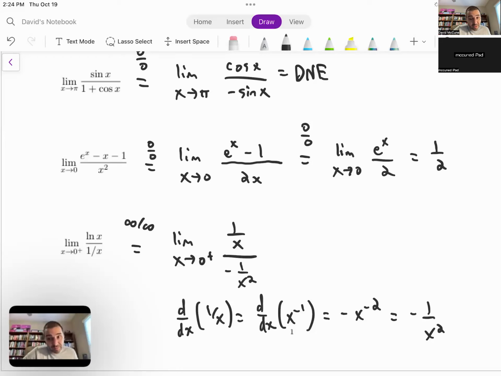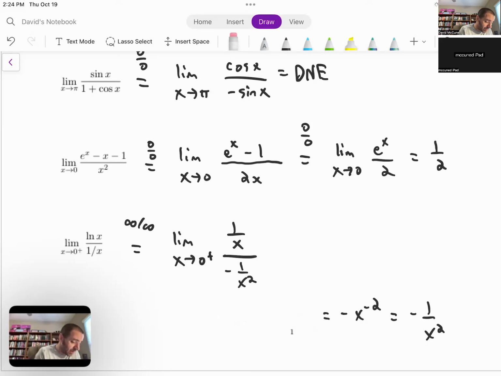And now you could say, wow, that looks way worse than the original. The original had a natural log, which maybe wasn't nice, but now I got fractions inside fractions. How gross is that? And, you know, fair enough. I'm not going to tell you how to feel. But notice if we simplify this, so let's do some simplification. So 1 over x over negative 1 over x squared. We can do the fraction division.